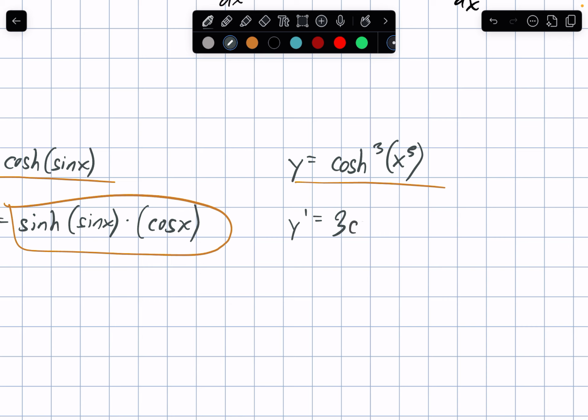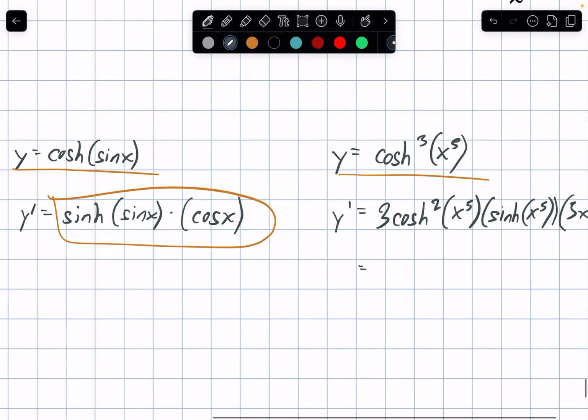If we bring down 3, we copy cosh and then place a raised to 2 and just copy x raised to 5. Then we find the derivative of cosh, which is sinh, and just copy x raised to 5. And then you find the derivative of x raised to 5, which is 5x raised to 4. That's it.